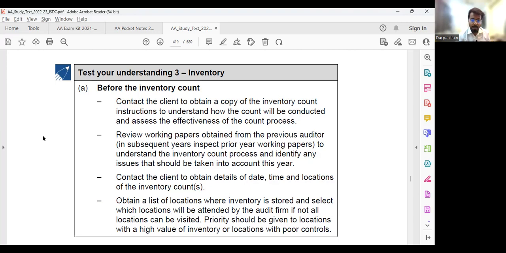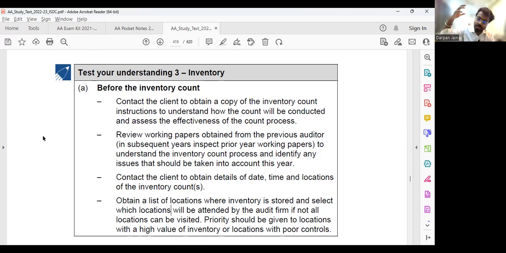See this, before attending the inventory count, what should you do? First one, contact the client to obtain the copy of the inventory count instructions to understand how the count will be conducted and assess the effectiveness of this count process. The inventory count is being done by the management, by the company.